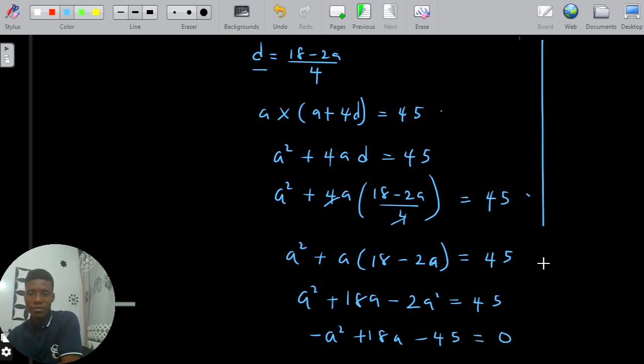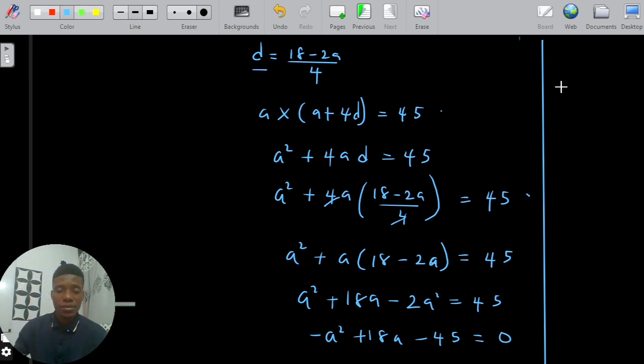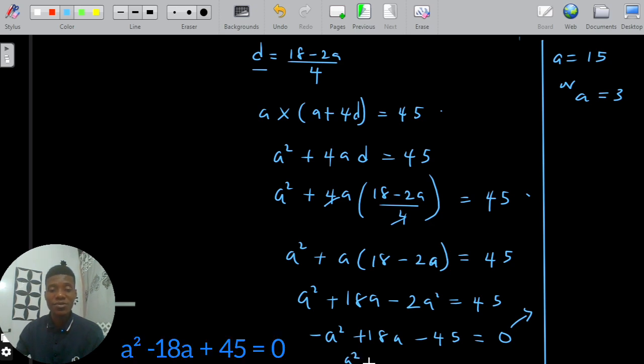Now, if you solve this equation, you have the value of a to be a equals 15 or a equals 3. Try to change it to something like this: if you take everything to the right hand side, you have a squared minus 18a plus 45 equals 0.